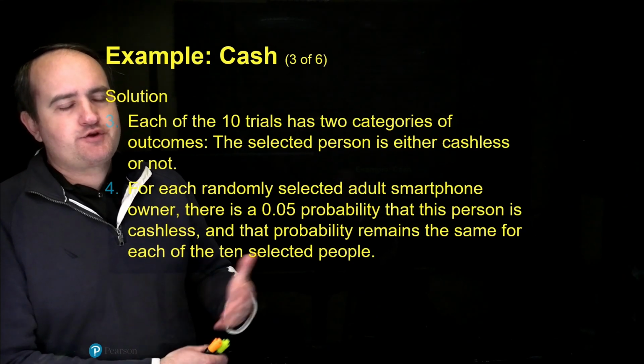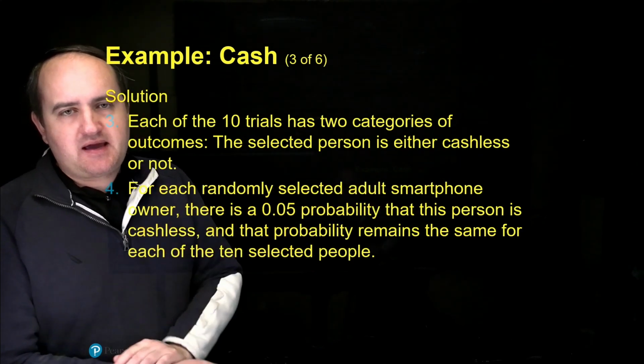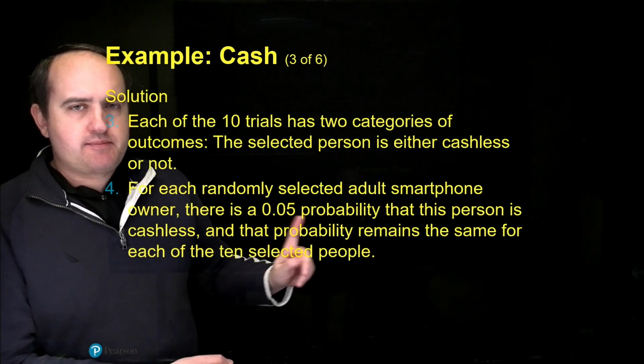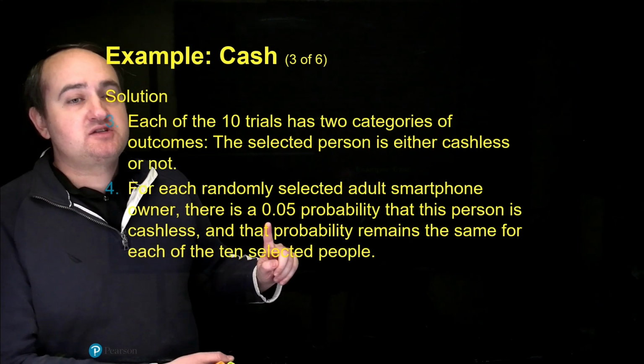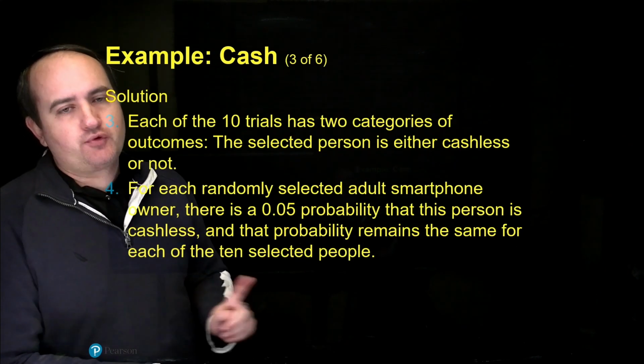Okay? So for example, if we say being cashless is a success and not being cashless is a failure, just arbitrarily, there's a 5% chance of a success, and that chance of a success does not change. So it satisfies the 4th condition.